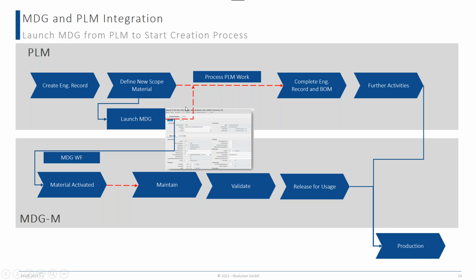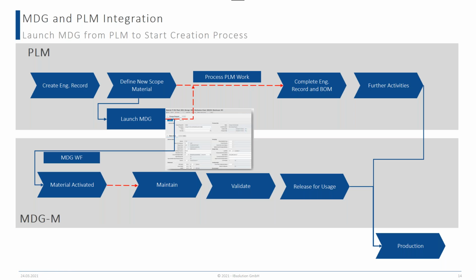Apart from this, it might be possible that PLM, instead of triggering the workflow or launching the URL, can implement something to integrate with MDG or to inform the MDG users that we would like to start a process, so please create a change request in MDG. That can also be done by email.